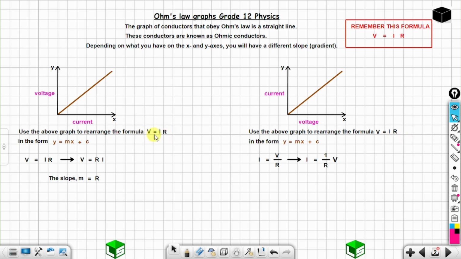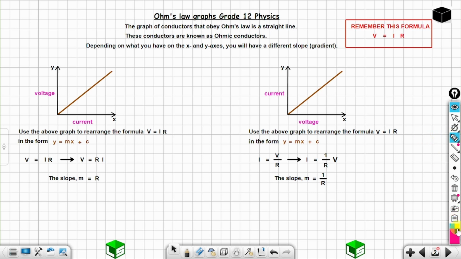In this case, the slope is equal to 1 over R. You can also get the slope using this method.